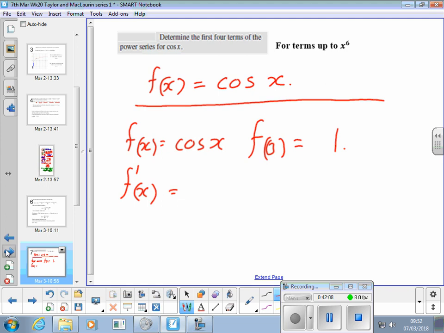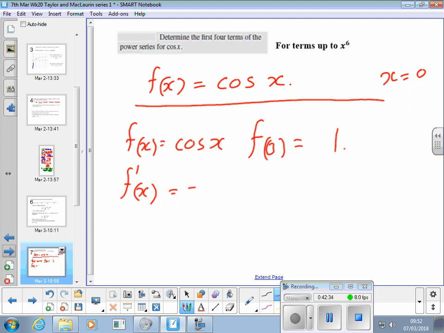Differentiate cosine of x. We're looking at this when x is equal to 0, by the way, because we're using the Maclaurin series. So what's the differential of cosine of x?